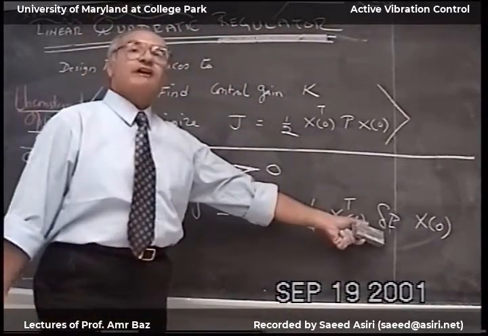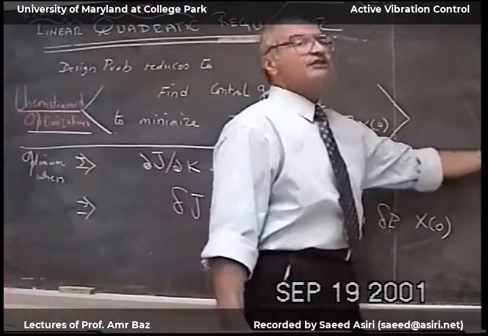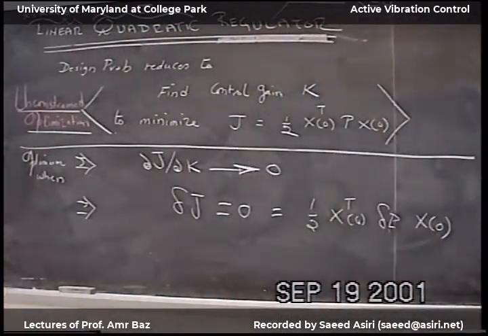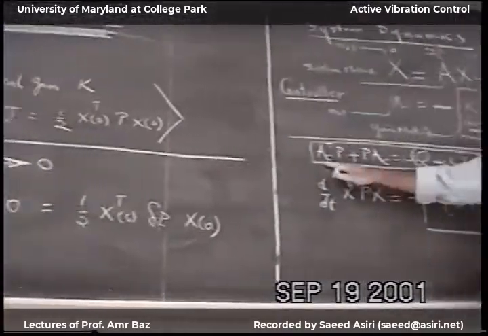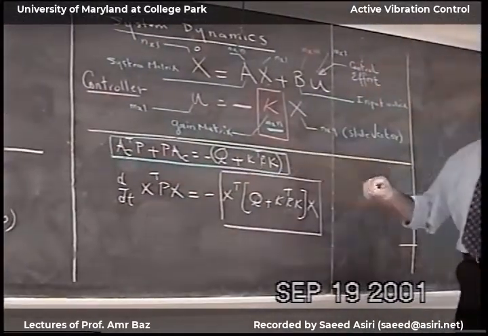Now, I'm going to get the variation of P in terms of variation of K from here. But in this equation, I have to be careful because AC has K inside it. So I'm going to expand this equation.